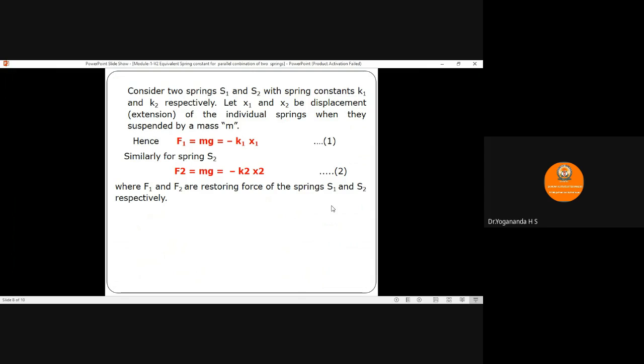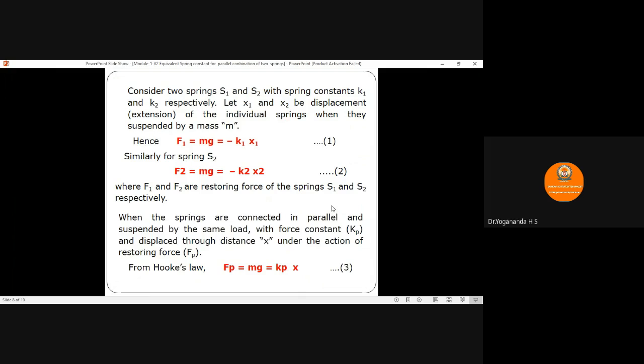Similarly, for the second spring S2, when it is suspended by the same load, the restoring force is F2 equal to m into g from Hooke's law, so F2 equal to minus k2 into x2. Here F1 and F2 are the restoring forces acting on the springs S1 and S2 when they are individually suspended by the mass m.